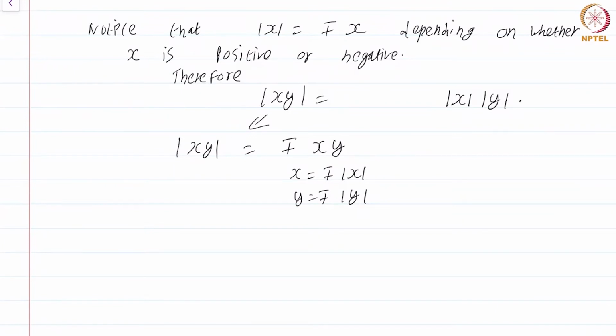Okay, now let's deal with the subadditivity or triangle inequality. Well, from all these remarks, it should be clear to you that mod x is always going to be greater than or equal to plus or minus x. Why does this follow? This follows because observe that mod x minus x will always be greater than or equal to 0. Check why this is true.